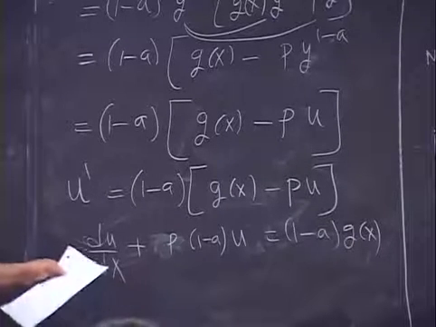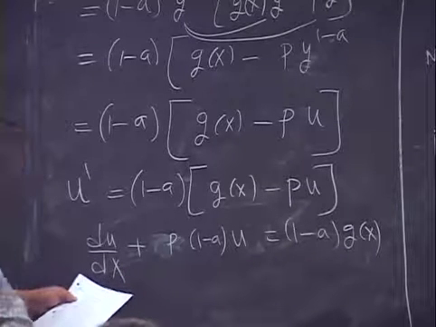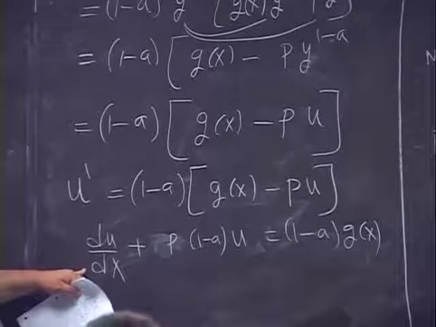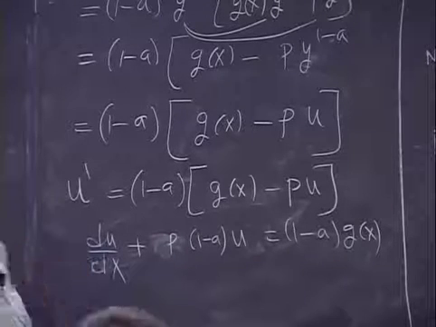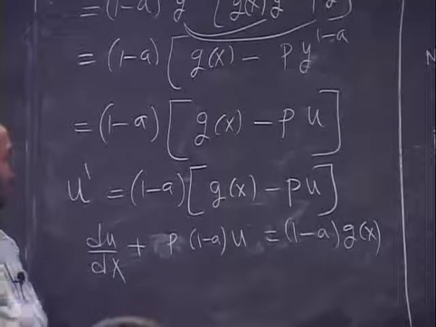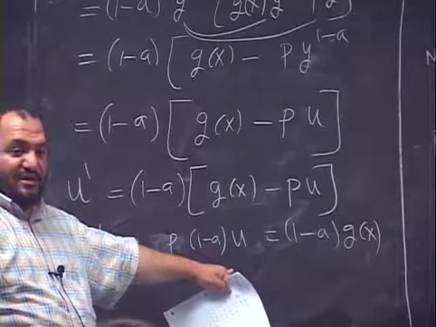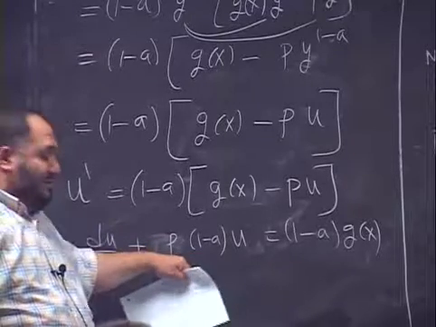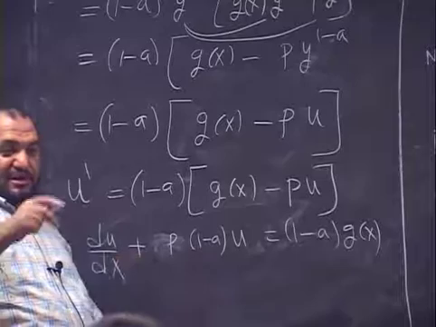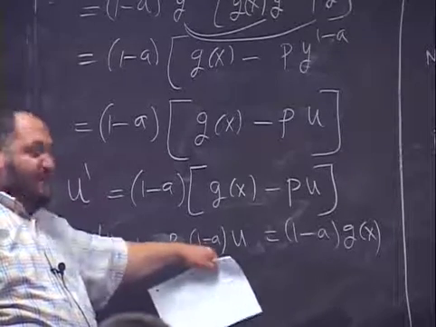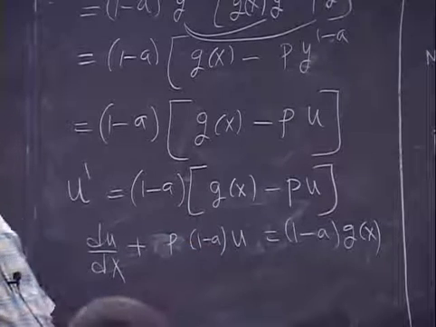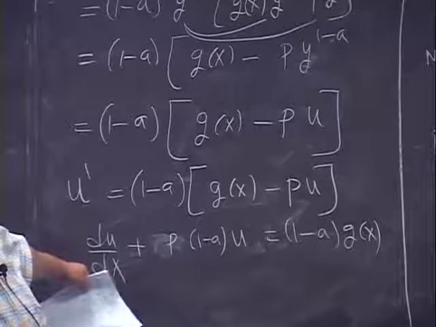Then you can solve this. With the integrating factor you will get u. So what's p of x here? 1 minus a multiplied by p of x. So the integrating factor will be e to the power of the integral of p times 1 minus a, dx.